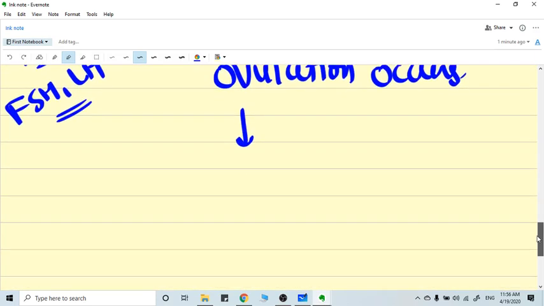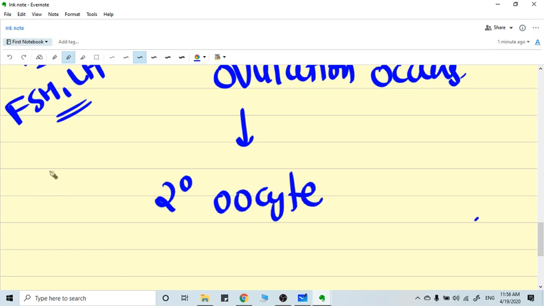For example, the prophase, specifically diplotene stage, arrest is gone and it becomes secondary oocyte after completing meiosis number 1. Okay, meiosis number 1 is completed and we got the secondary oocyte.